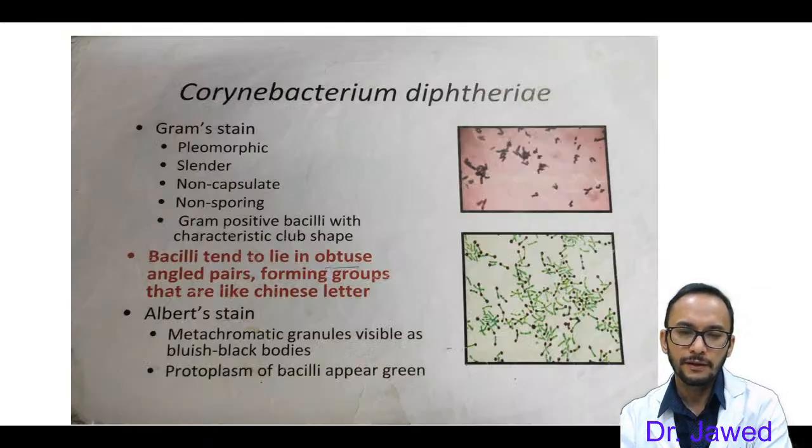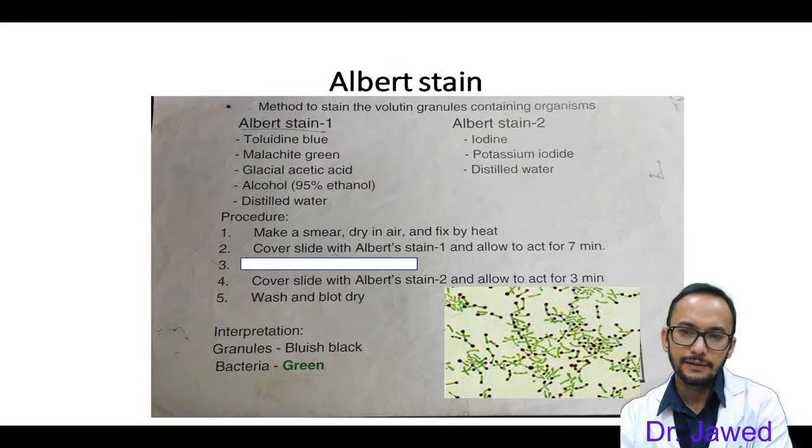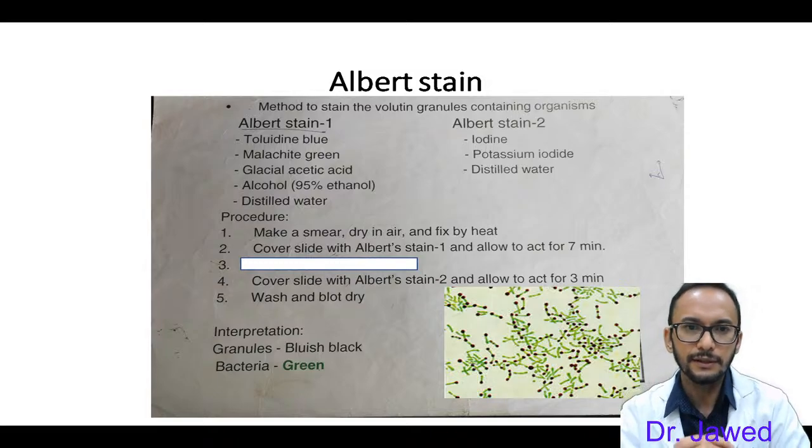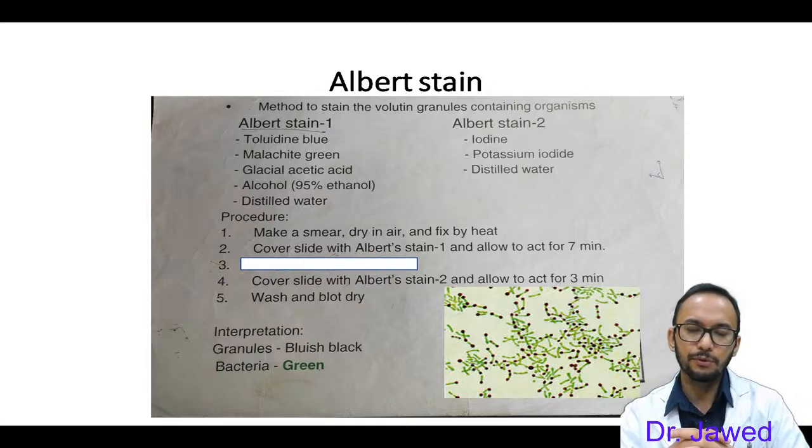Okay, so basically the stains which we are using, that is toluidine blue and malachite green, are both basic stains.